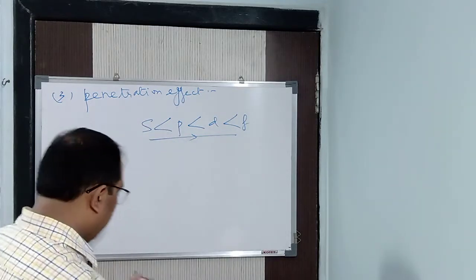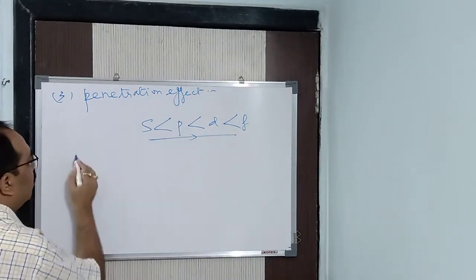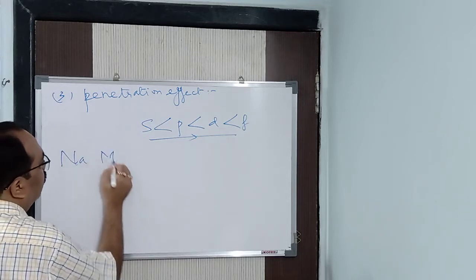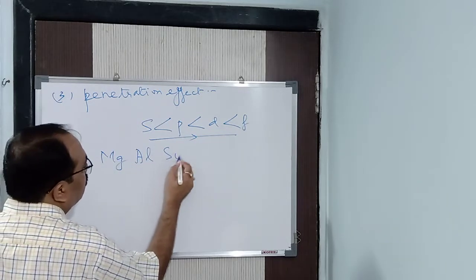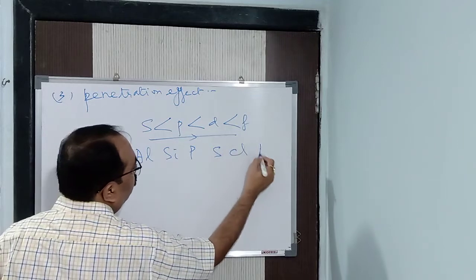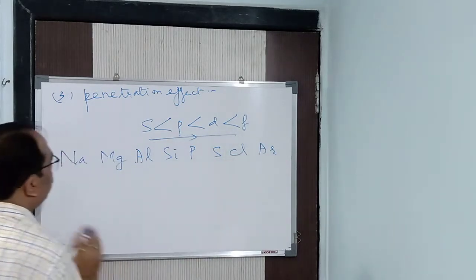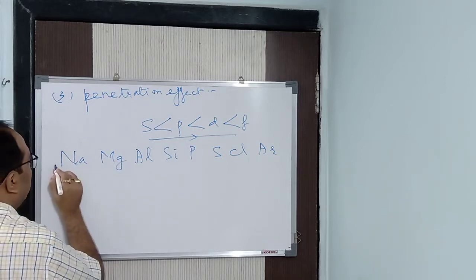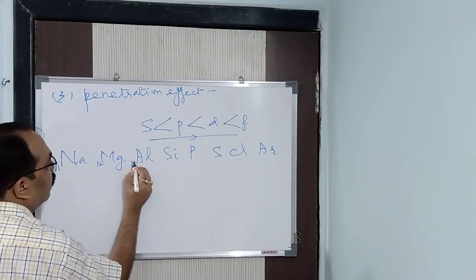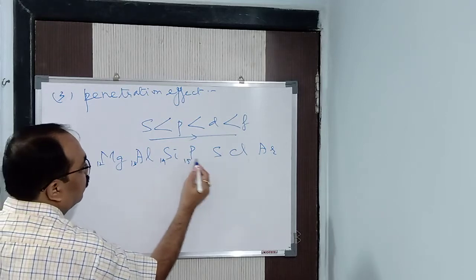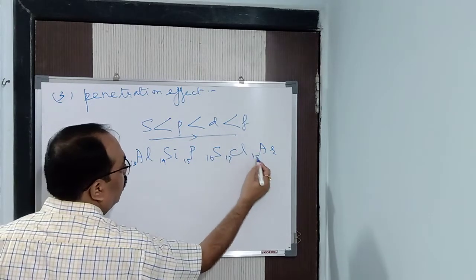Now, in a particular period, let me write the elements of the third period: sodium, magnesium, aluminium, silicon, phosphorus, sulfur, chlorine, argon. Atomic numbers 11, 12, 13, 14, 15, 16, 17, 18.